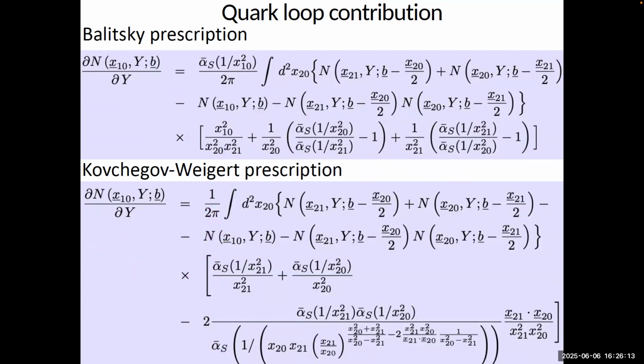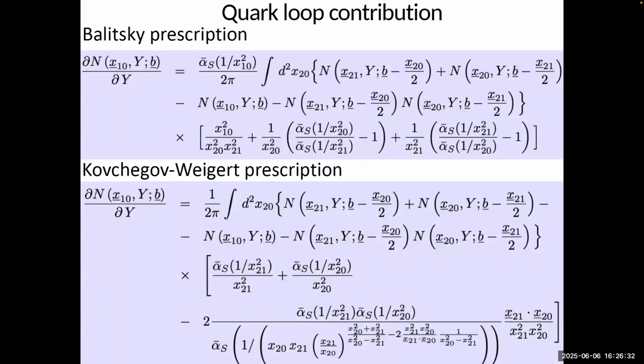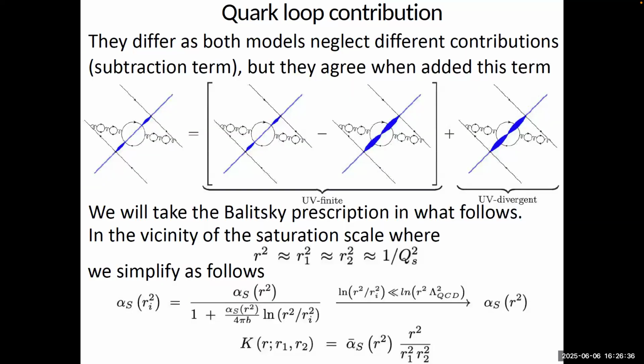Both formulas coincide numerically. The only difference is that they take different subtraction terms, in order to have finite diagrams. So you can choose whatever you want, but we will take in our analysis this Balitsky prescription.